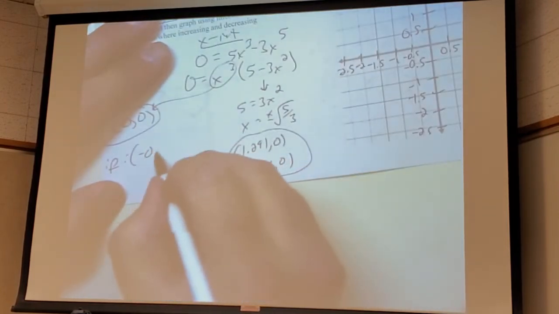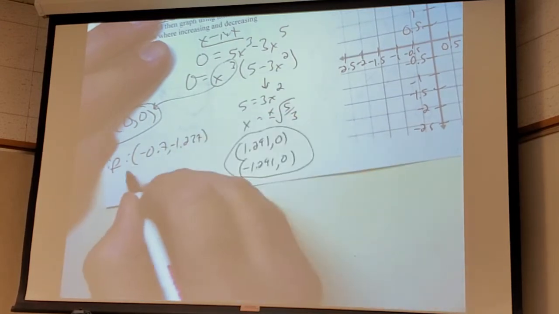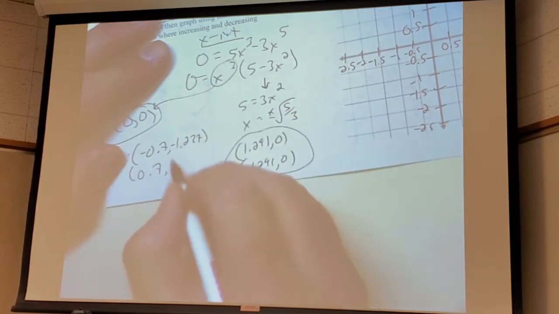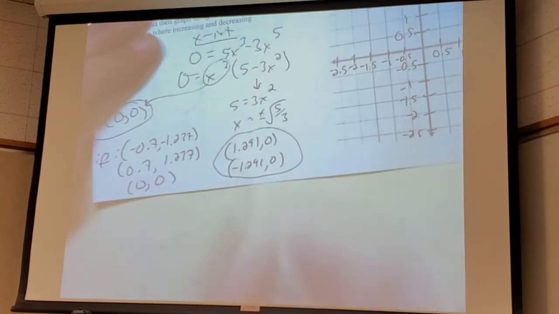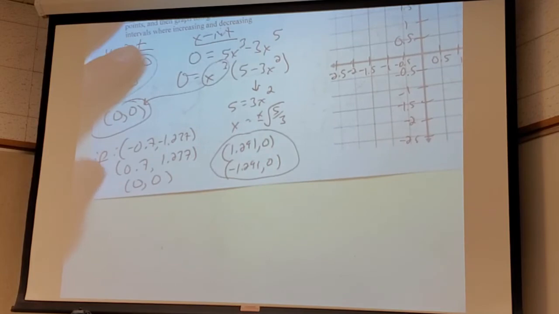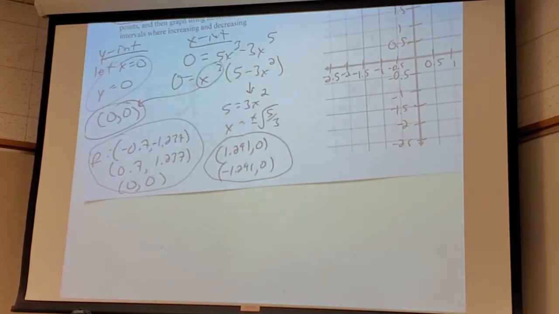So it'll be negative 0.7, negative 1.237, and positive 0.7, 1.237, and 0, 0. So there are my inflection points. Since we're doing this by hand, rad 2 over 2 doesn't help me. Where is that on the number line? Go ahead and make it a decimal. One decimal place is fine. You can't be more precise than that.